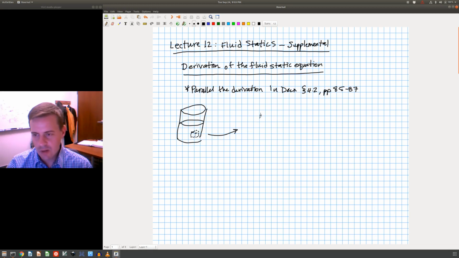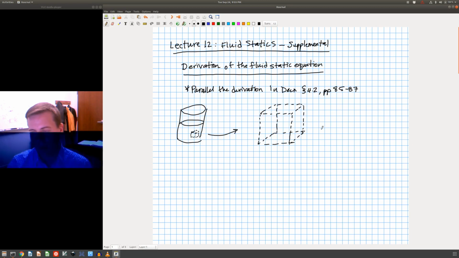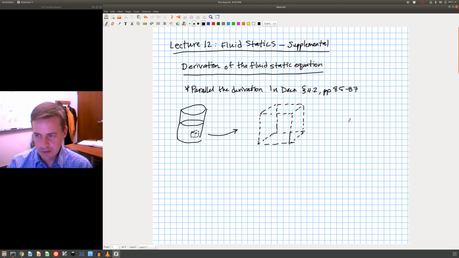Okay, so if I come over here and I draw my rectangular prism, not the best at drawing on a computer. Okay, so this rectangular prism, and I'm going to set up a coordinate system. X, Y, Z. So this will be the X direction, this will be the Y direction, this will be the Z direction.